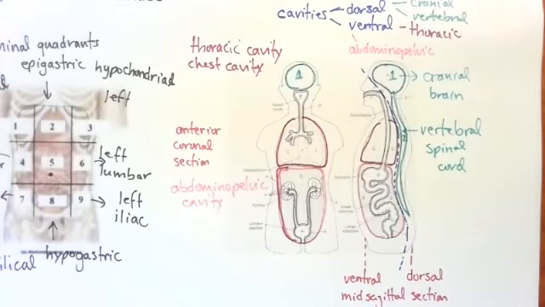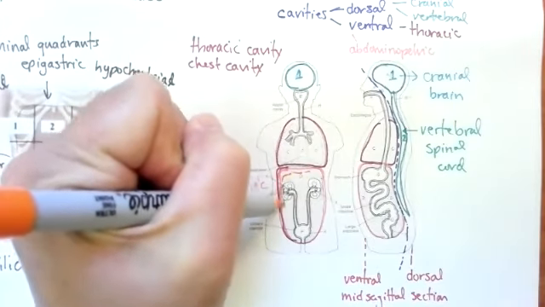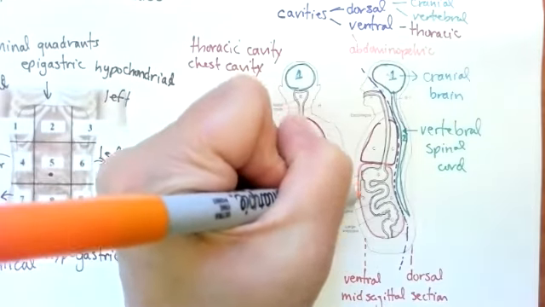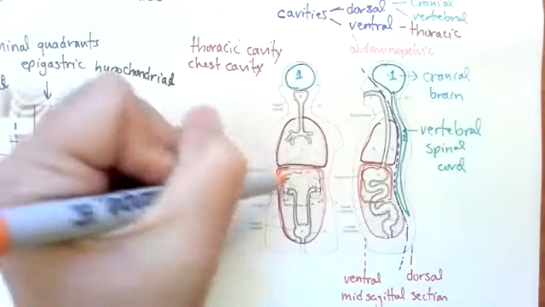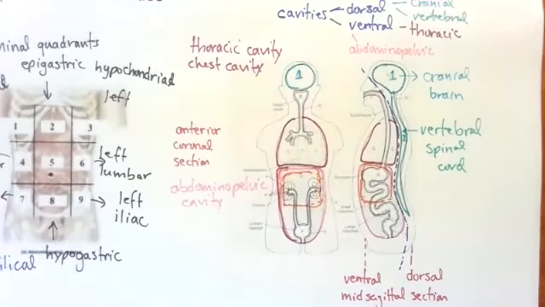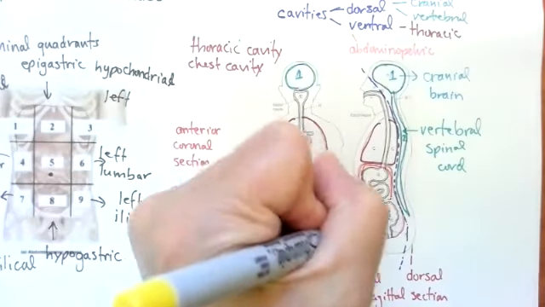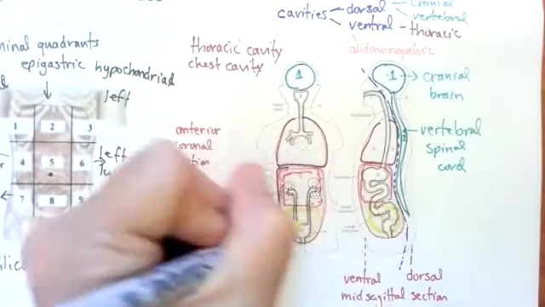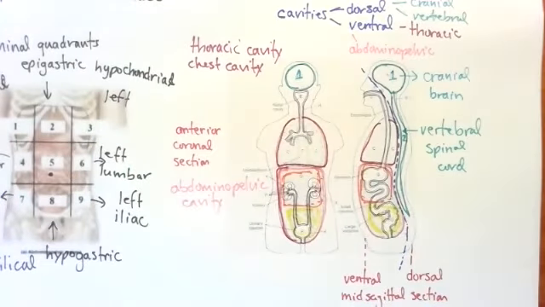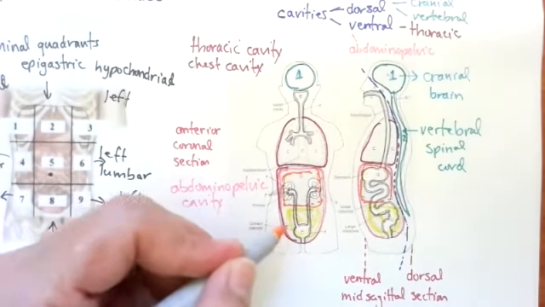We can take the abdominal pelvic and further subdivide that into two. So I'm going to go with orange and yellow. So up here, and then down here we have yellow. And that's simply divided into the abdominal and the pelvic.